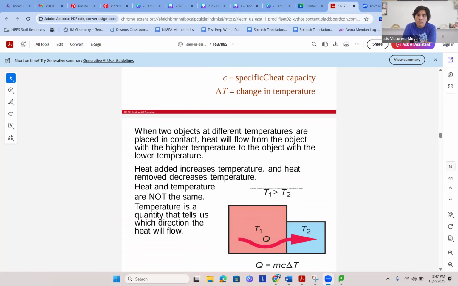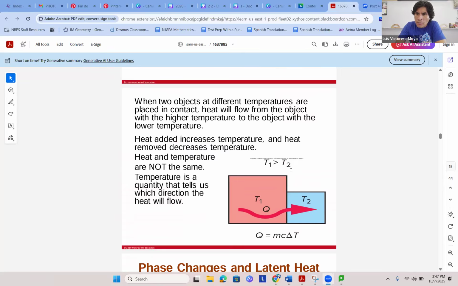And here's what I was explaining: when two objects at different temperatures are placed in contact, heat will flow from the object with the higher temperature to the object with the lower temperature. That's just how nature works. Temperature is a quantity that tells us in which direction heat will flow. Transfer of heat.